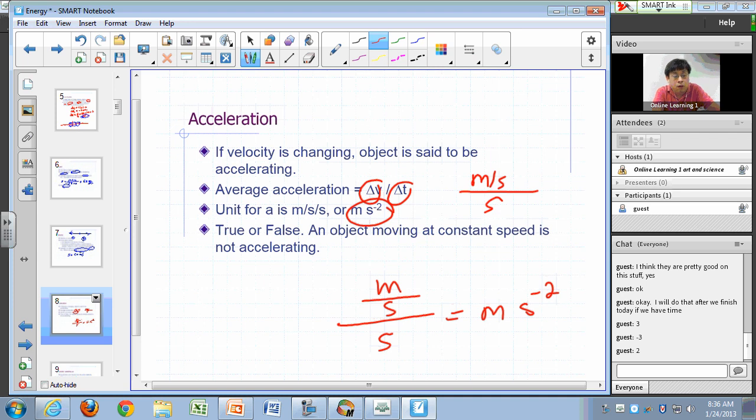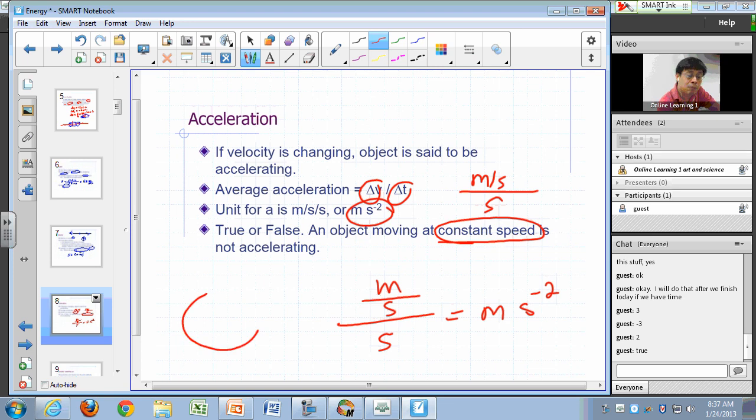So true or false, an object moving at constant speed is not accelerating. Is that true or false? It's not true, because you can be moving at constant speed, but you could be changing direction.